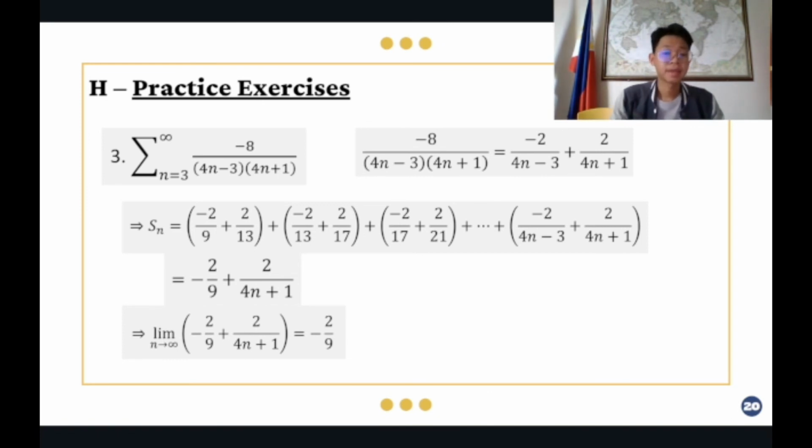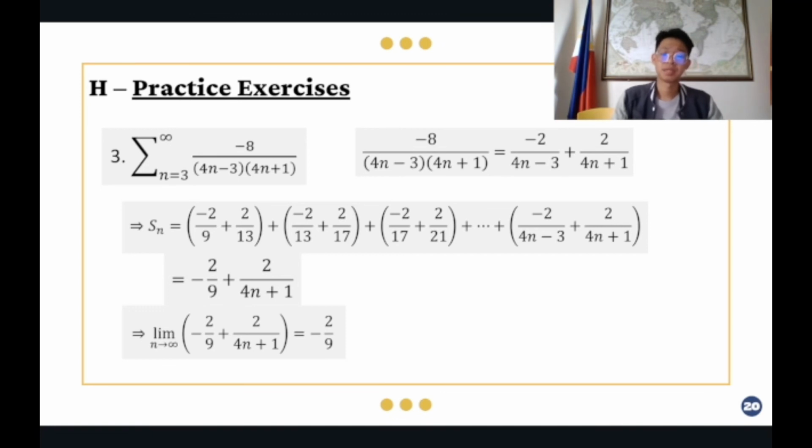We have minus 8 over (4n minus 3)(4n plus 1) equal to minus 2 over (4n minus 3) plus 2 over (4n plus 1), so that sn equals minus 2 over 9 plus 2 over 13 plus minus 2 over 13 plus 2 over 17 plus minus 2 over 17 plus 2 over 21 plus dot dot dot plus minus 2 over (4n minus 3) plus 2 over (4n plus 1), equal to minus 2 over 9 plus 2 over (4n plus 1).